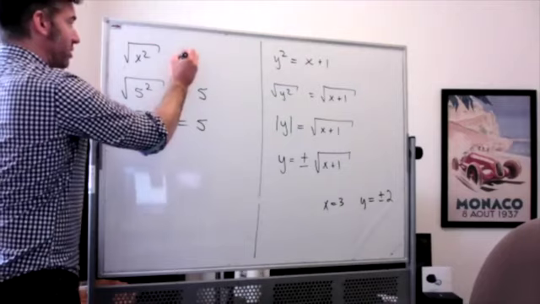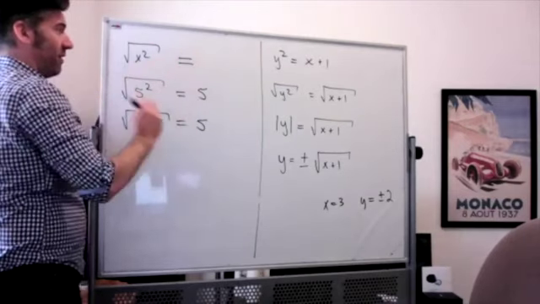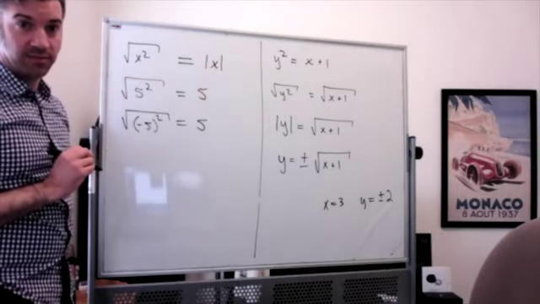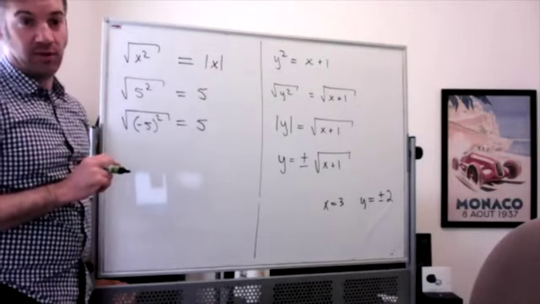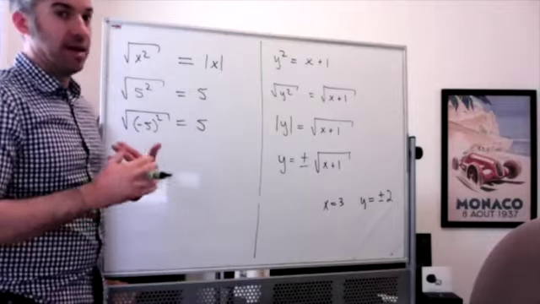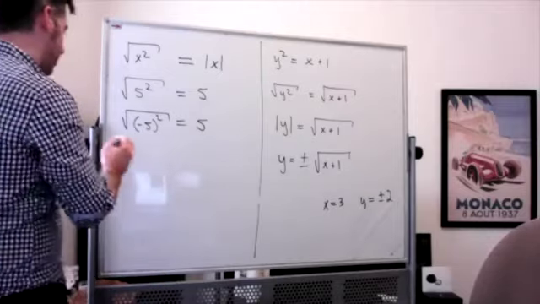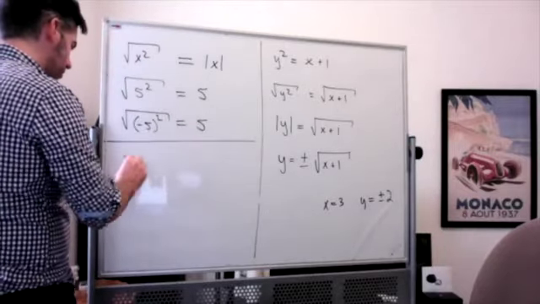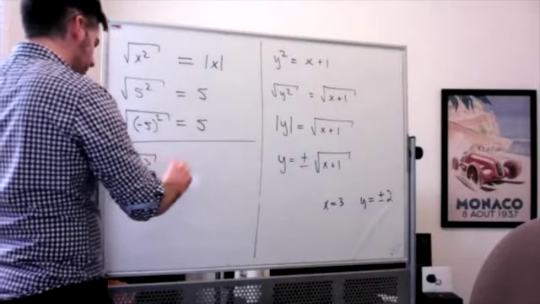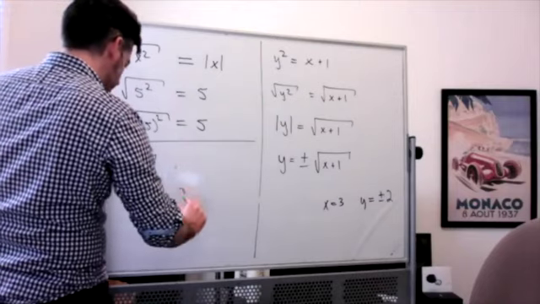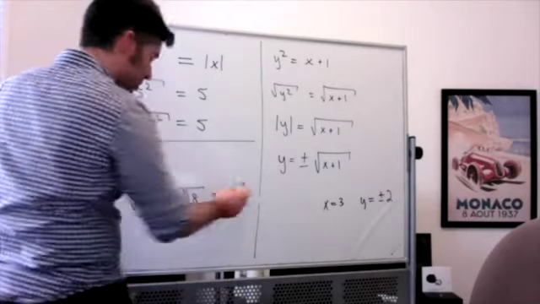So it is literally true that the square root of x squared is the same as the absolute value of x. And that's true for the nth root of x to the n power for any even value of n. On the other hand, it is not true for odd roots. The cube root of x cubed: if I do the cube root of 2 cubed, that's the cube root of 8, which is 2.